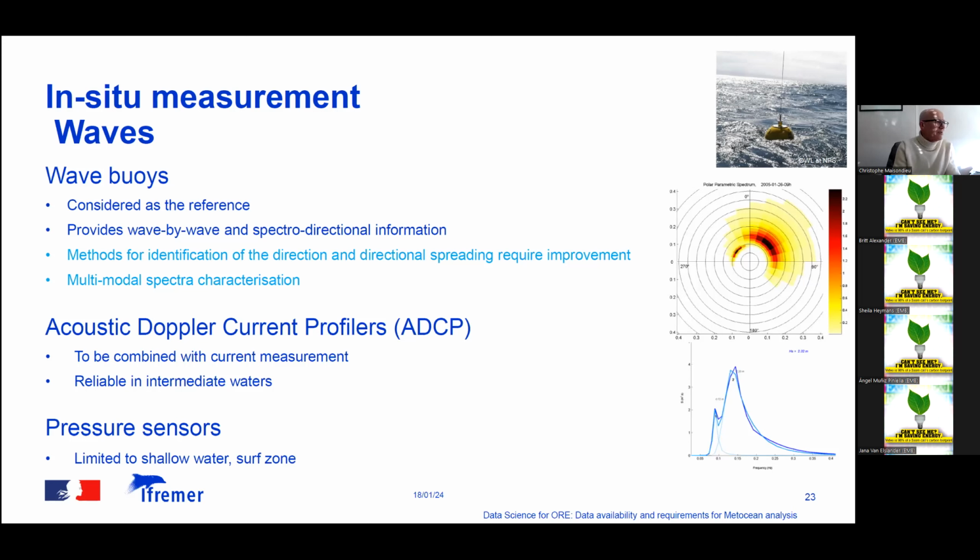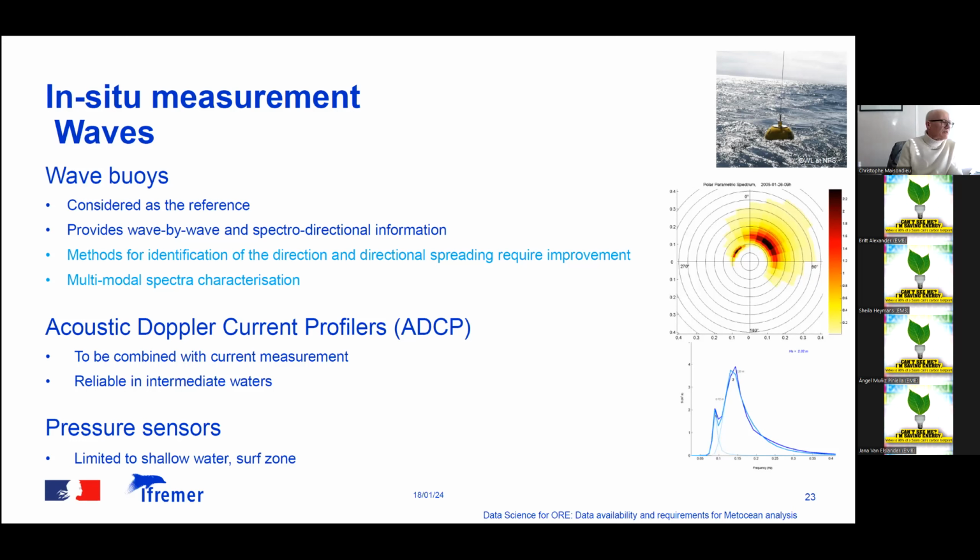Another tool that we can use is the acoustic Doppler current profiler. This was initially designed for current measurement, but it's also suitable for wave measurement. Usually it's best to combine it with current measurement as well. It's really reliable in intermediate waters, but when we have to go into deeper water and fix the ADCP on a mooring, then we have some motion compensation to take into account as well, which also makes it a bit tricky.